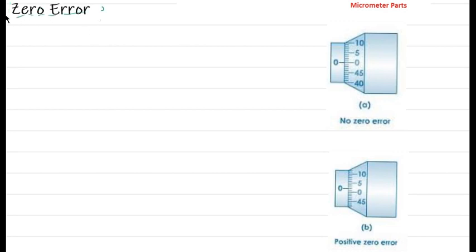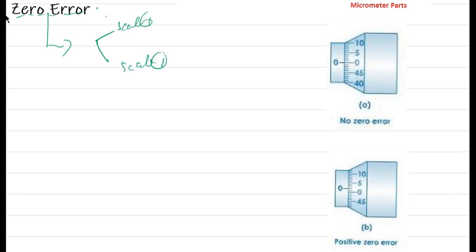We know that there are different types of errors. Mostly we use systematic error and random error, but I will not discuss that here. I will discuss it in another video. But here, what is zero error? Zero error exists only in special devices, those devices which have two scales at the same time.